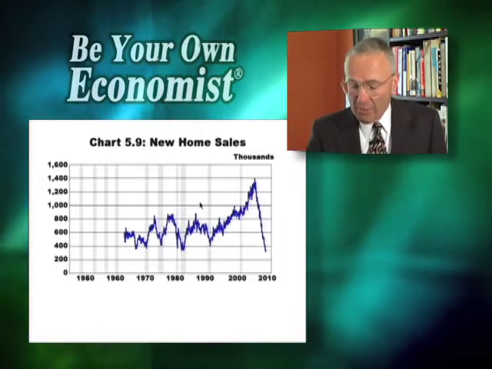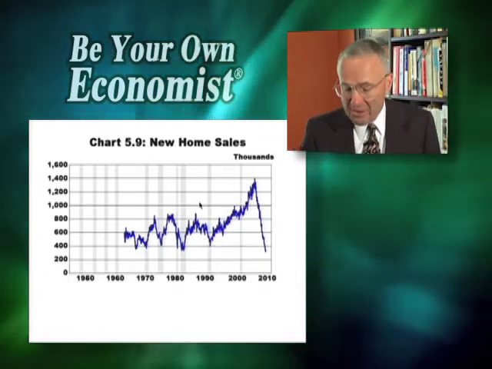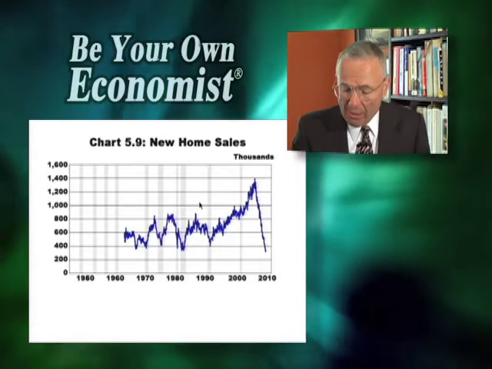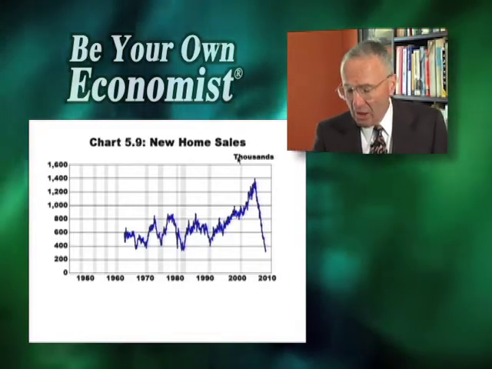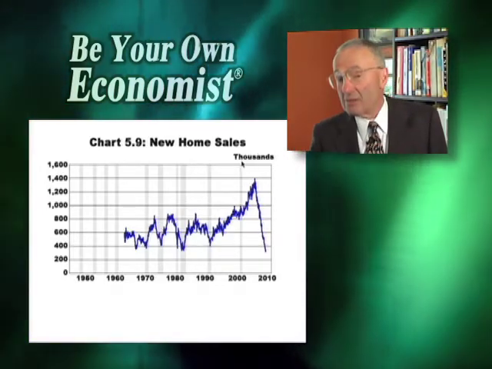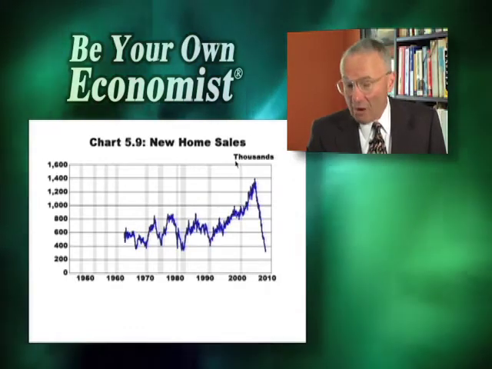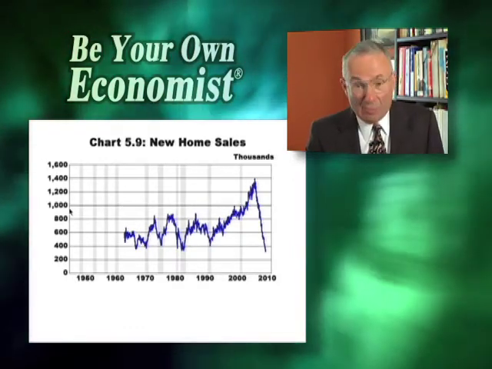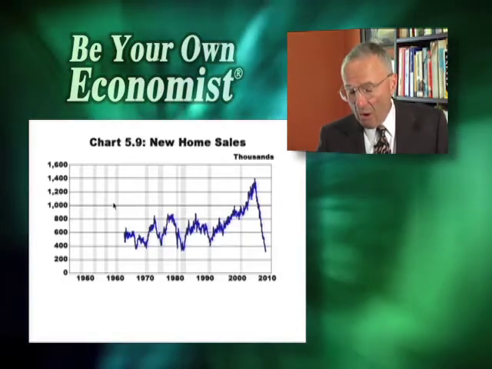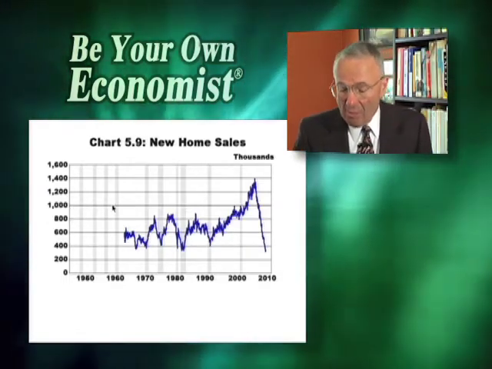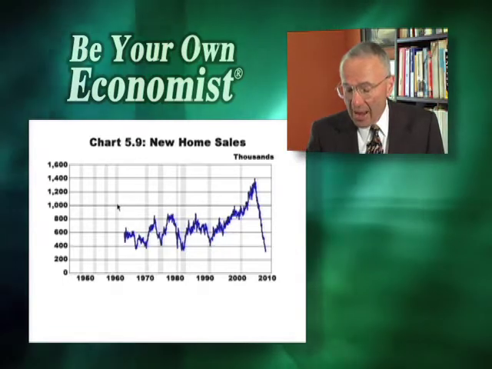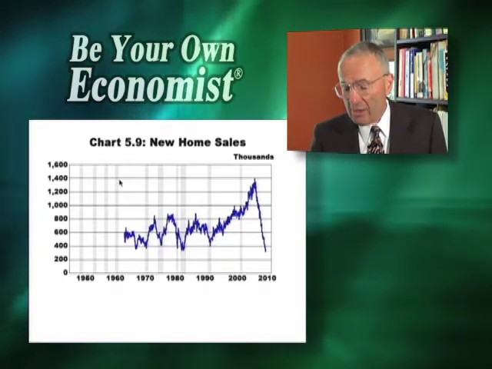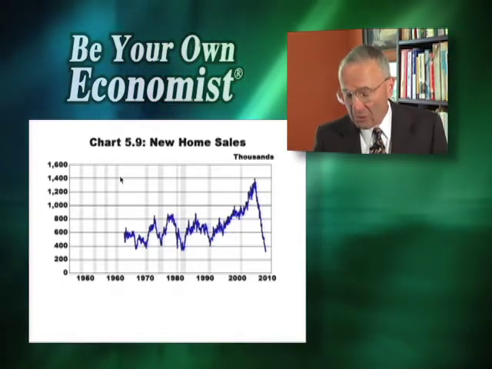You'll notice that the vertical scale is in thousands, and the legend says all the data is in thousands. What that means for us is that 1,000 thousands is a million, so this bar here indicates a million housing starts, and this bar here indicates 1.4 million housing starts.